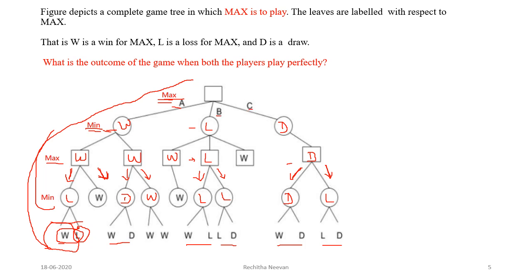Now this max player has three turns, one by A, one through B, or one through C. If it selects turn A, this is a win path. If it selects turn B, it's a loss path. If it selects turn C, it's a draw path.